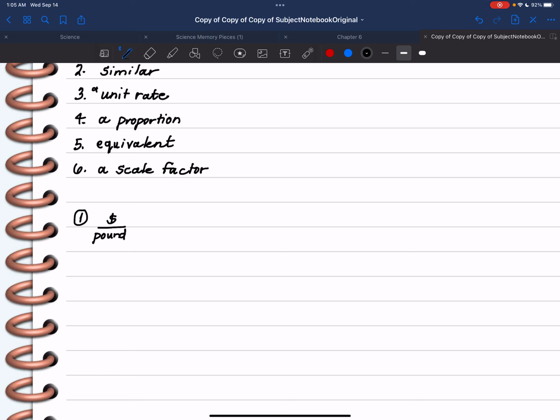And 3 pounds cost $3.87. So we want to know what 1 pound costs. Now this is a unit rate, so you can just divide it, or you can do it as a proportion. It doesn't matter. But the unit rate is $1.29 per pound. So for 1, I'm going to choose answer B.